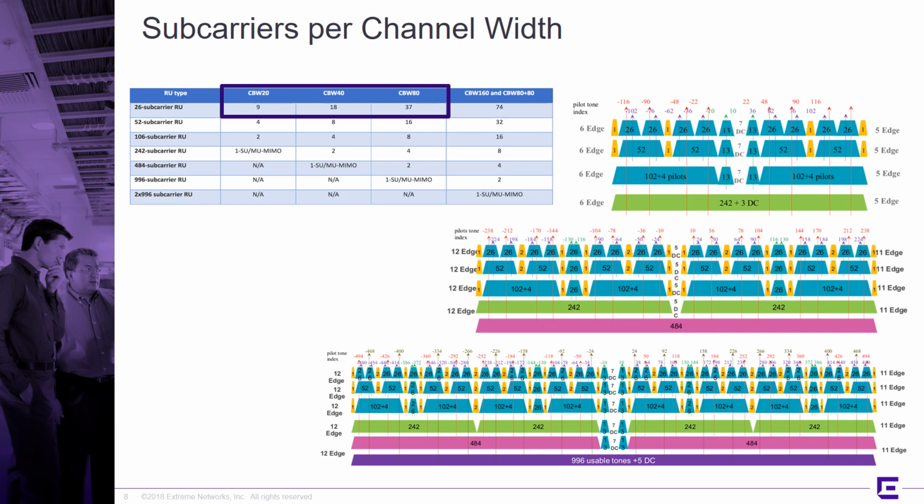That means it denotes the center of the channel using 7 tones. And you can see in these graphics, they've got the pilot tones where they are from center. Center is considered 0, and then we go out negative to the left and positive to the right from there. So these graphics simply show where the usable resource unit groupings are, where the unused tones are on the edges and in the centers, and then where the pilot tones are.